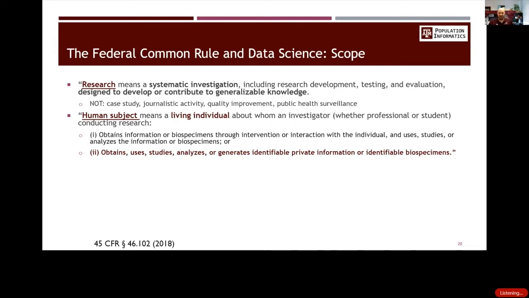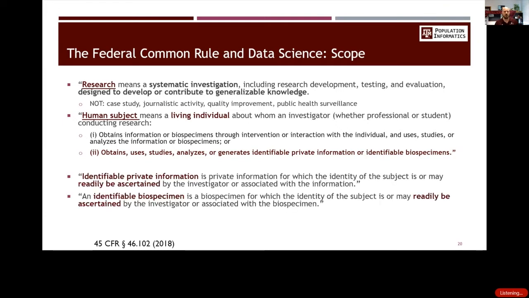The other part of this, which has become important in the most recent revisions of the common rule, is that identifiable biospecimens are more expressly brought into the common rule scope.